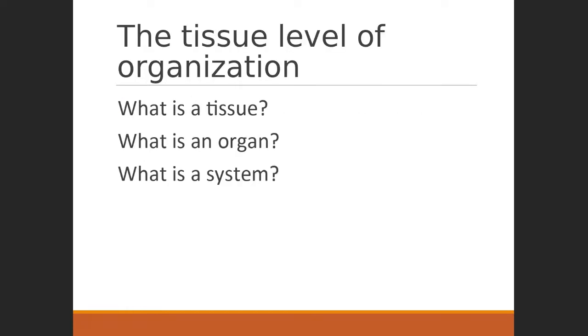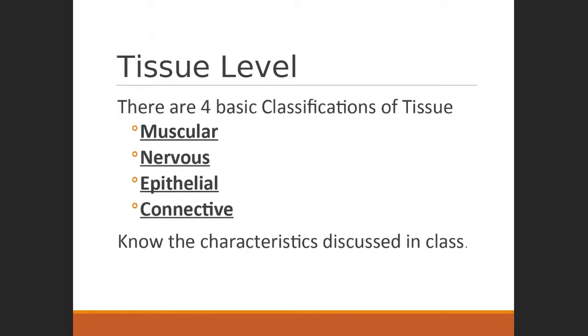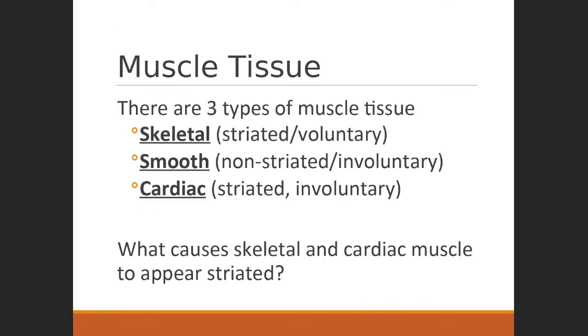So we've been talking about the tissues now, and as we get into the system level, we'll mention any number of organs. But when we talk about an organ, realize we're talking about at least two different types of tissue that make them up. So to at least introduce the muscle tissue, we have three different types: skeletal, smooth, and cardiac.